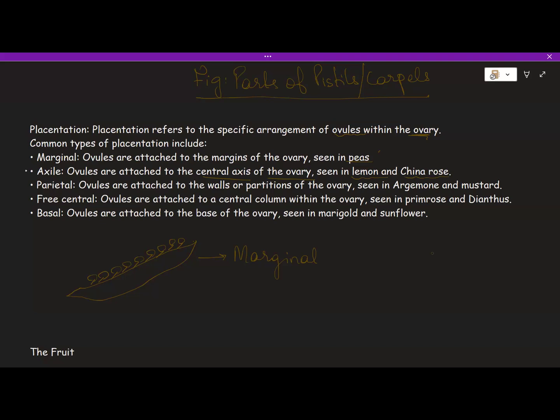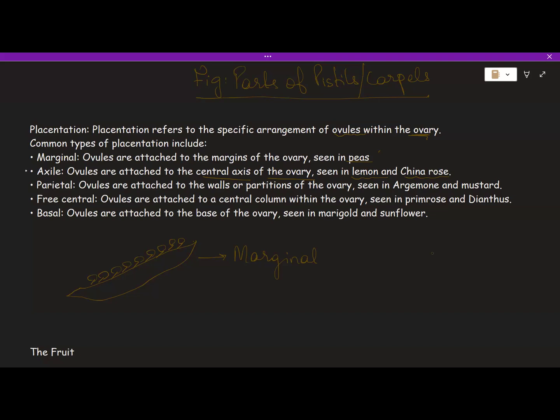Are the seeds present at the sides or in the center? In the center. Yes, right in the center of the fruit, the lemon. Since they are present right in the middle, they are present at the central axis.